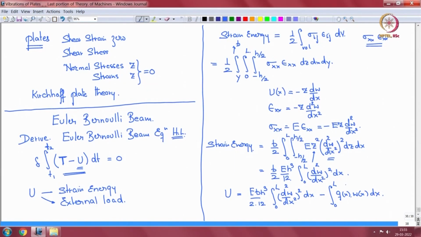This is per unit length. So that is the potential energy term.